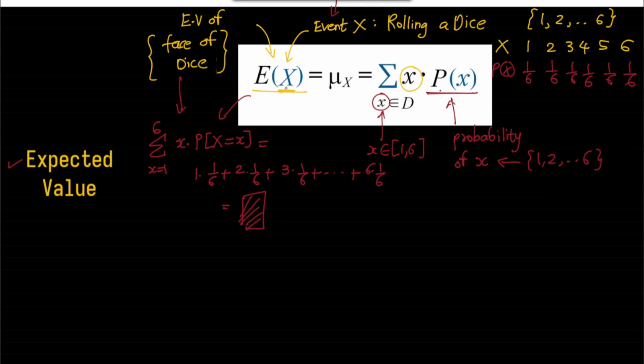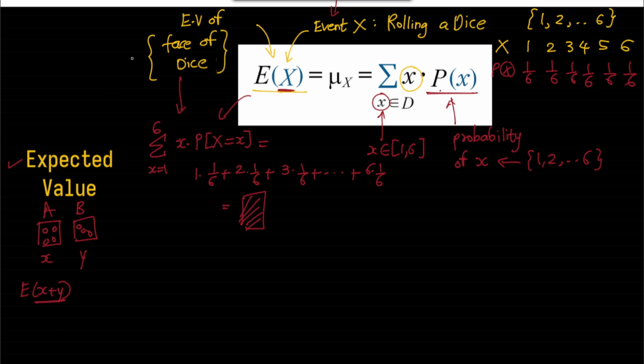The variable in this case was the face of the die. It could have been, let's say, 2 dice are rolled. So die 1 is x, die 2 is y, and we need to find out the expected value of x plus y. This could be another event.